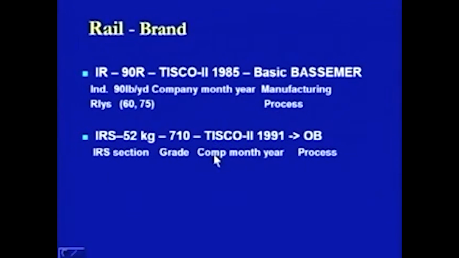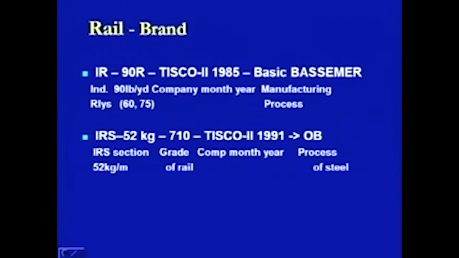Now, there has been a little modification in this, and what we have is IRS 52 kg 710 TISCO 2 1991 OB. What it stands for is Indian Railway Standard Specification, IRS. 52 kg is the rail section of 52 kg per meter. 710 is the grade of the rail.